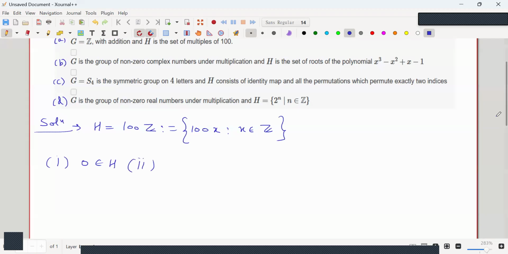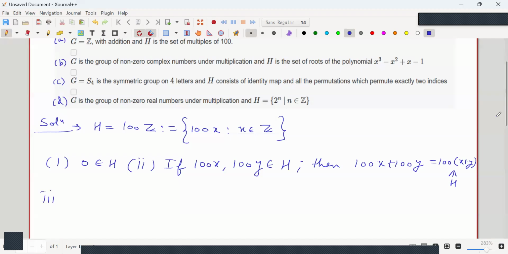If 100x and 100y are both inside H, then their sum, which is 100 times (x plus y), will also be inside this set. So it's closed as well.